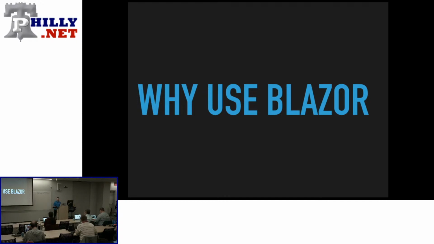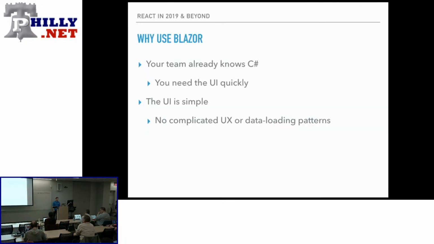So I was talking up React a lot, obviously. I'm a React developer, but I wanted to give some good reasons to use Blazor because I think there are some good reasons right now to use it. Your team probably already knows C# if you're here, and you need the UI quickly because your product owner said this has to be done in the sprint. So what do you do? You use the technology you're comfortable with.